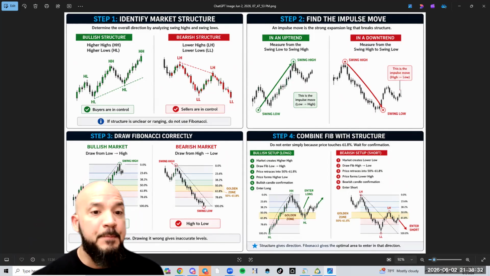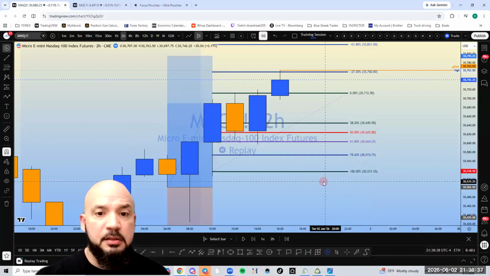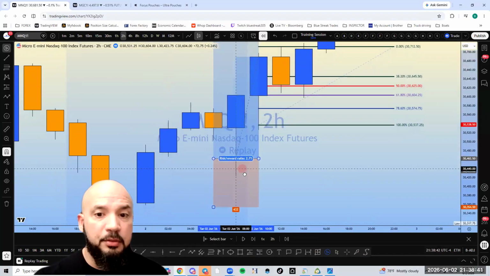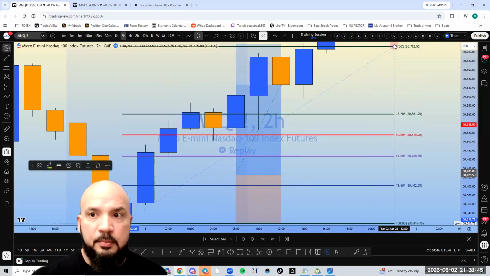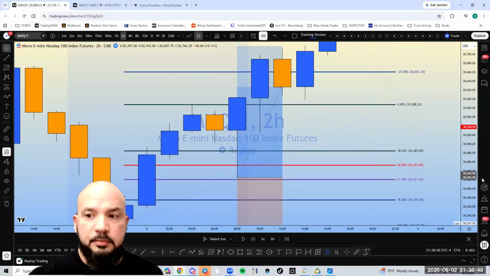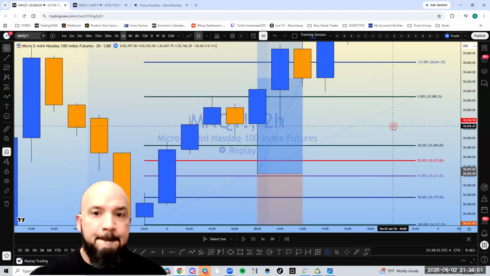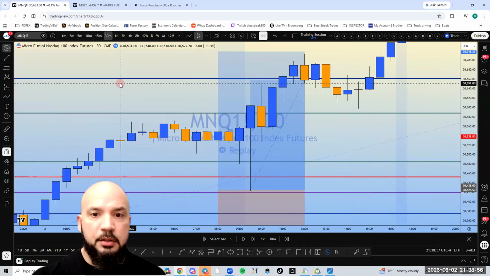So I'll use an example here. We're going to get into step 4, but this is going to be the example of step 4. This was the 618. Let's go down to the 30.